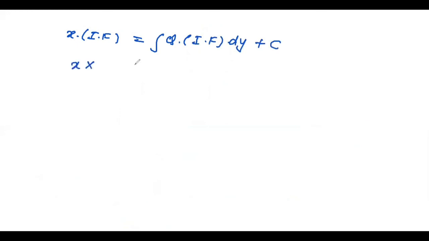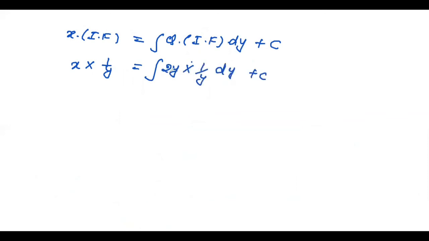So we'll have that form: x into integrating factor equals to integration of q integrating factor dy plus c. So x into integrating factor, 1 by y, equals to integration of q, we were having 2y, into integrating factor 1 by y into dy.